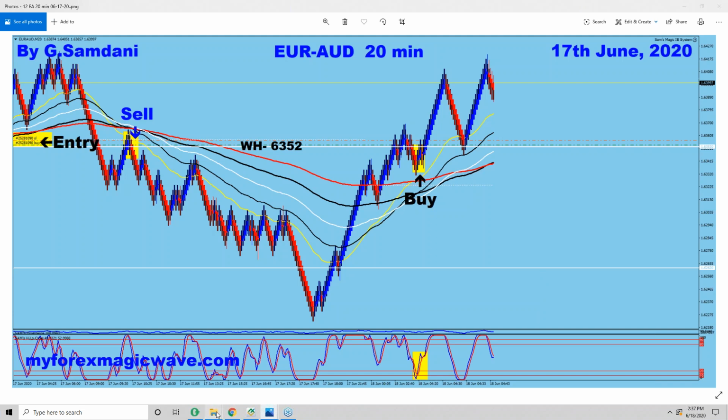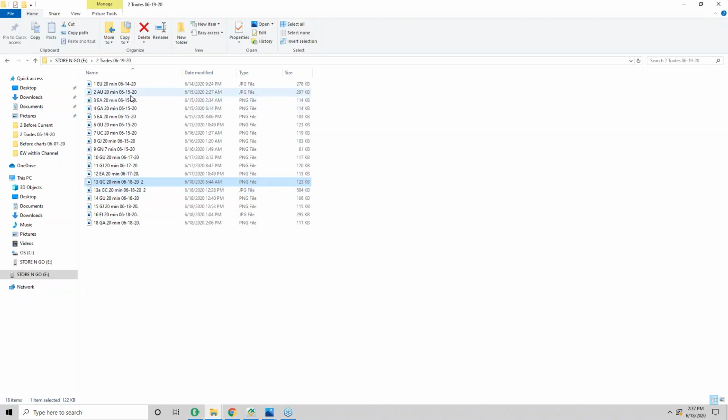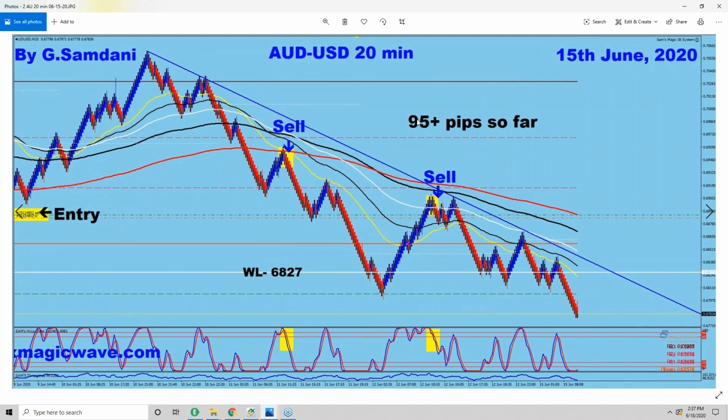And similarly, look here, the first one is on the 14th, the Sunday, right? On Monday, I have 1, 2, 3, 4, 5, 6, 7, 8 trades on the 15th. Averaging, let's take a look. Come on, man. 95 pip. And then look, show me where can I lose, where my SL is hit.